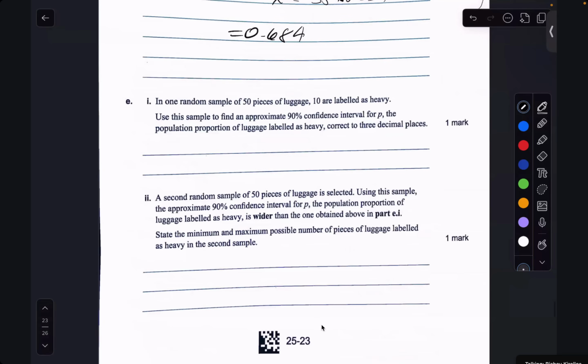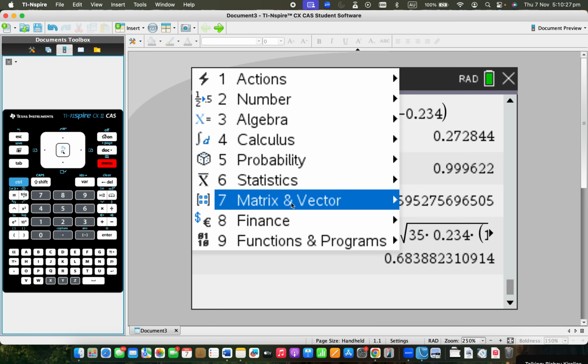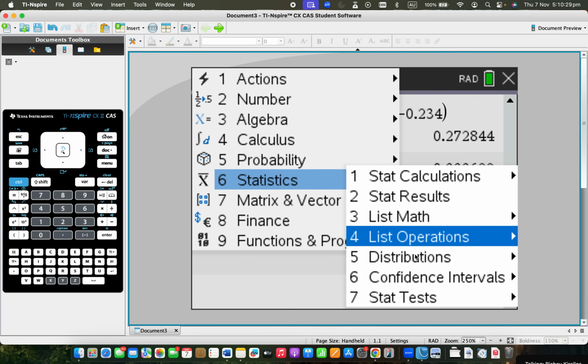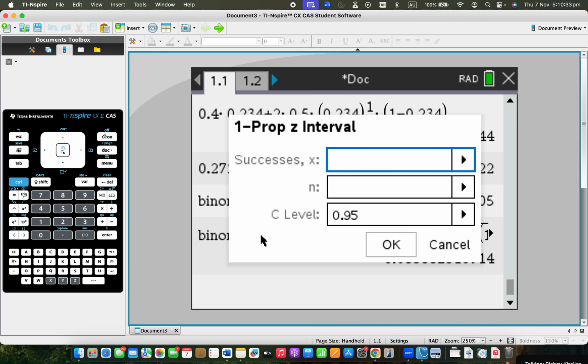In one random sample of 50 pieces of luggage, 10 are labeled as heavy. Use this sample to find an approximate 90% confidence interval for P, the population proportion of luggage labeled as heavy. So we can use the menu, statistics, confidence intervals, 1 prop Z interval.